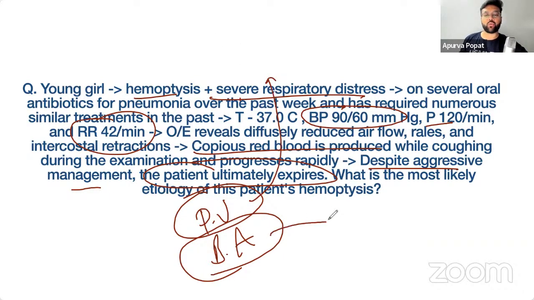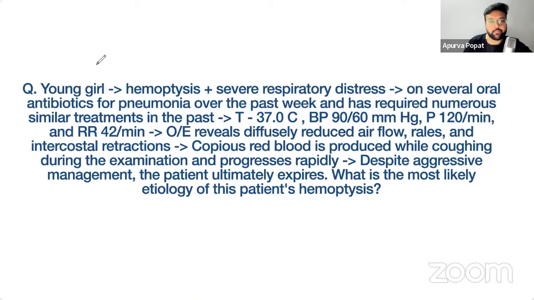Out of these two, which is the high pressure or low pressure system? For that, you have to know from where the branching is happening. So this is your right atrium, this is the right ventricle.